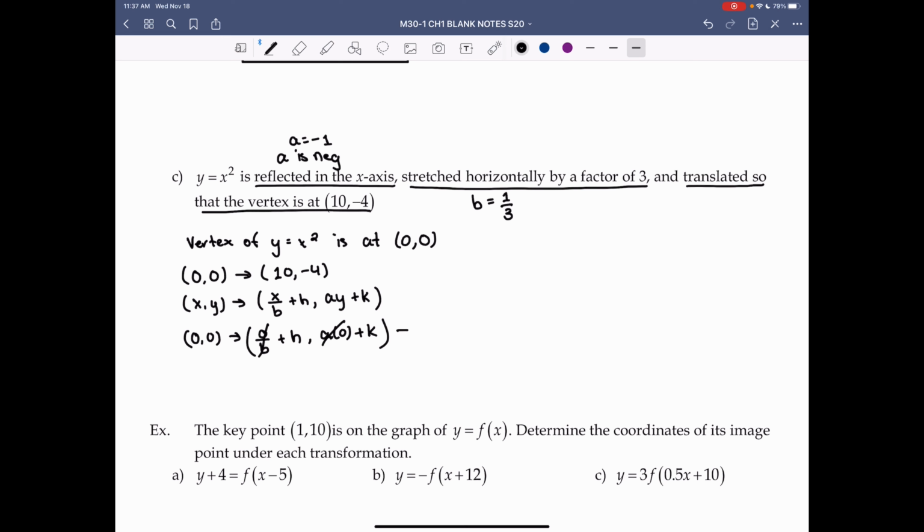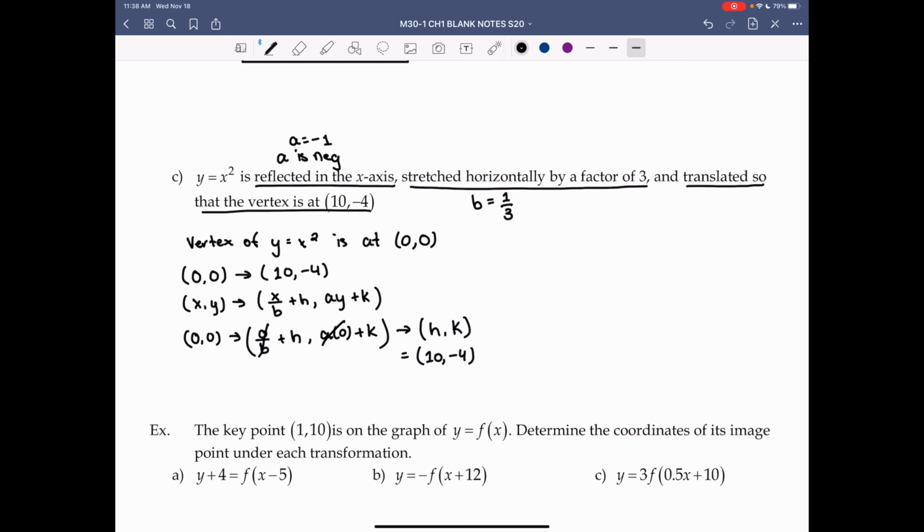So then this just becomes h, k. So since 0, 0 is mapped to the point 10, negative 4 in our transformed function, and we see that 0, 0 is not affected by any stretches or reflections, then h would be 10 and k would be negative 4.